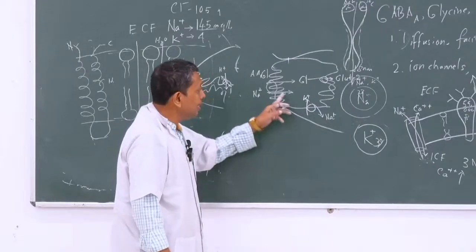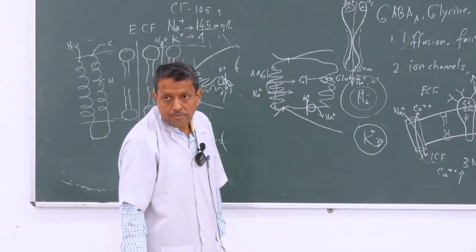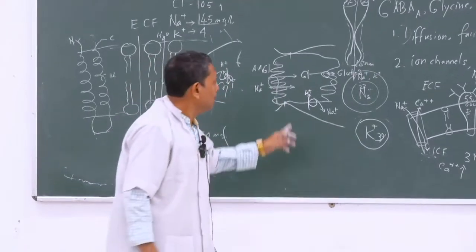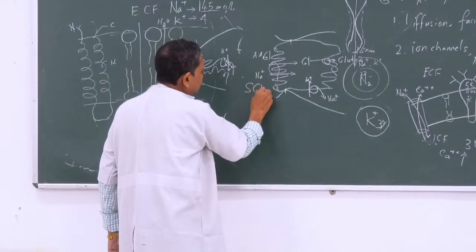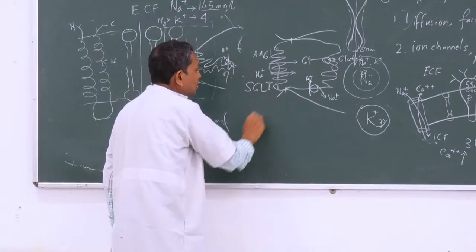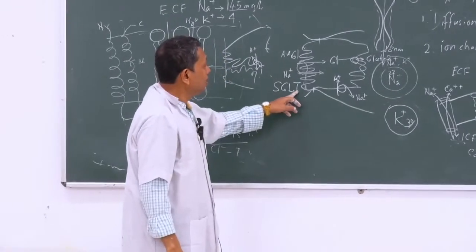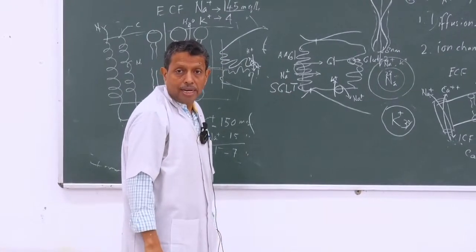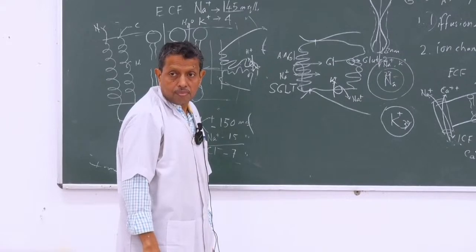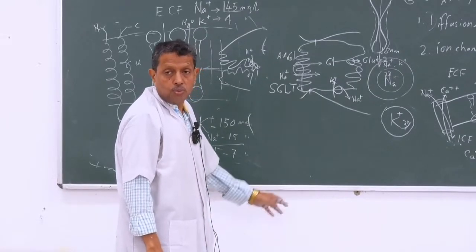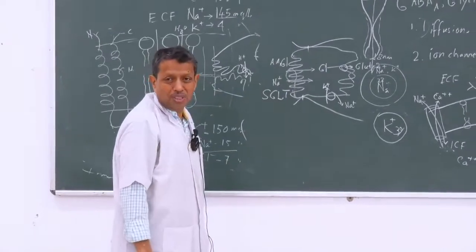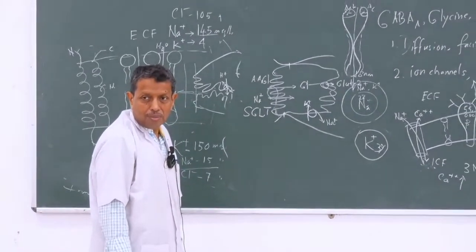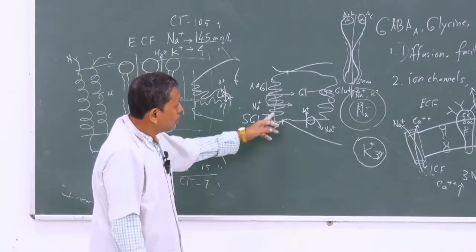The luminal transporter is called SGLT, the sodium dependent glucose transporter, SGLT1 and SGLT2. Suppose 1 glucose or 2 glucose or in this way, whatever may be. The basic concept is that.